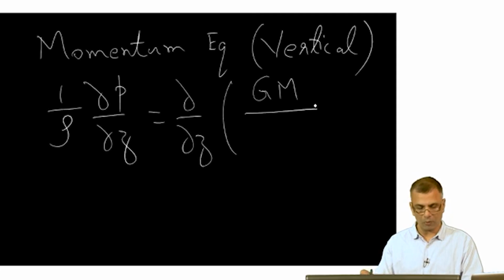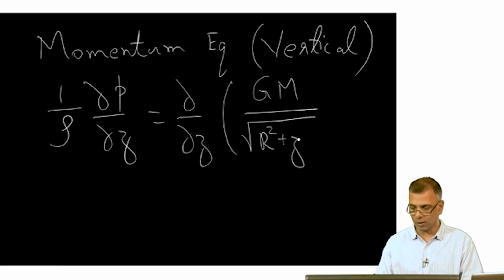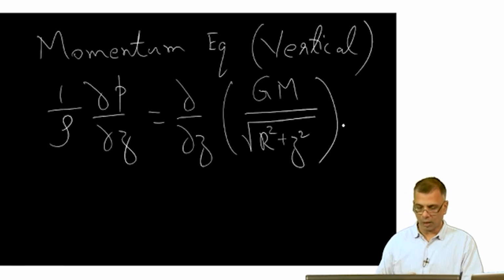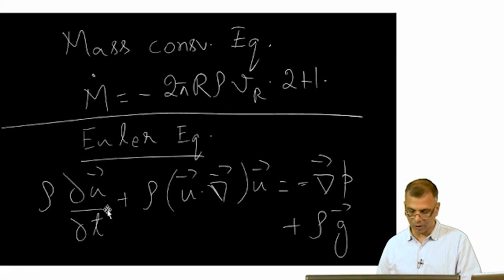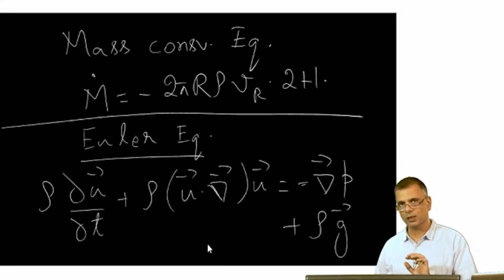I will explain what these terms are in a minute, but before that, I want to say that this assumes it is steady state, therefore this term is completely gone. The other thing is I am assuming that there are no vertically directed velocities.